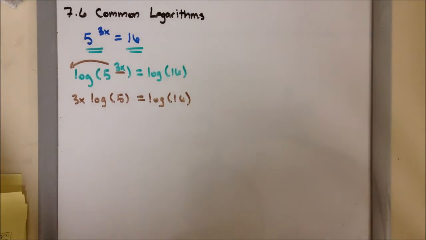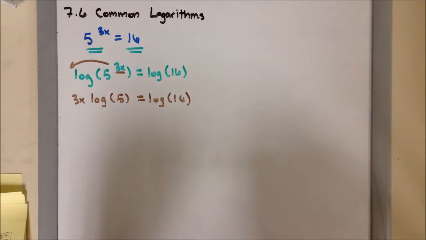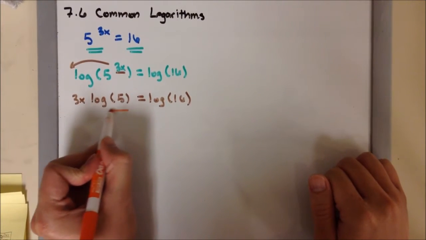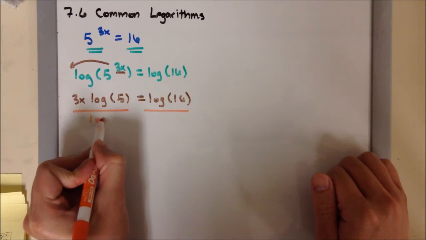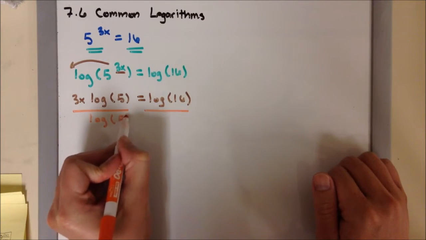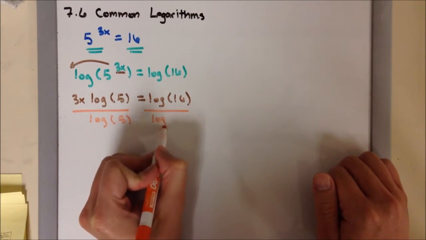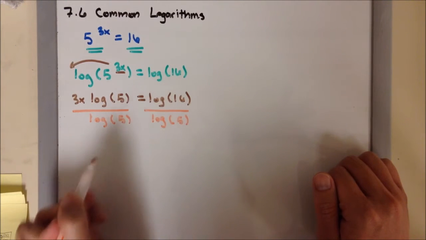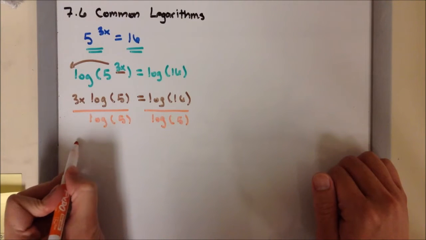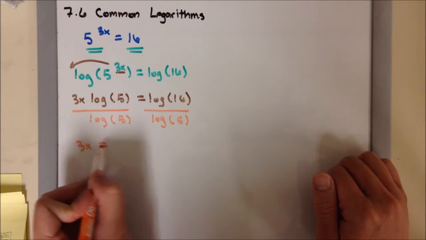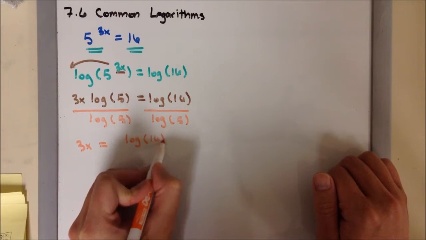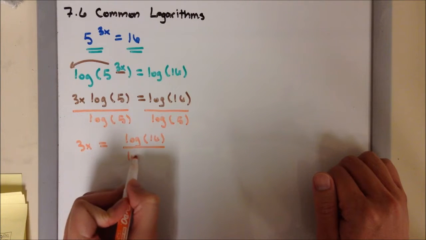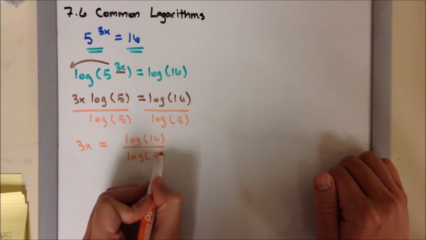Next, in order to solve for x, I'm going to first divide both sides by log of 5. So what I'm going to have is 3x equal log of 16 over log of 5.